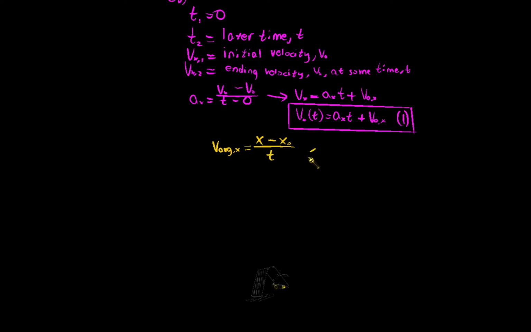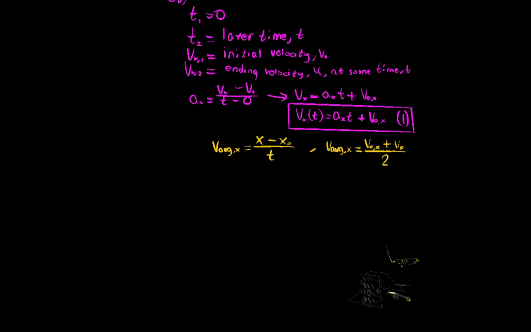And so another way to express that: v average in the x direction is equal to v naught in the x direction plus Vx, the velocity in the x direction, divided by 2.